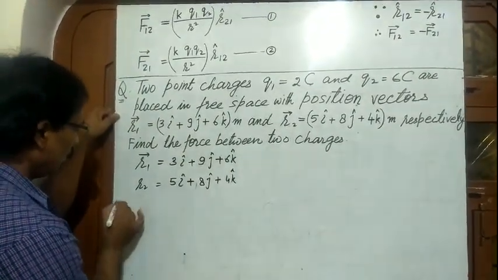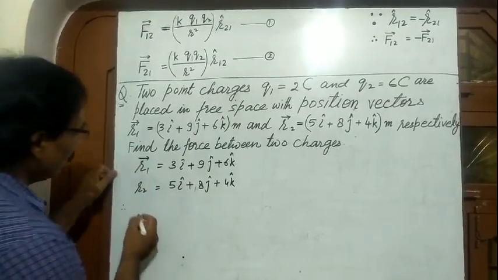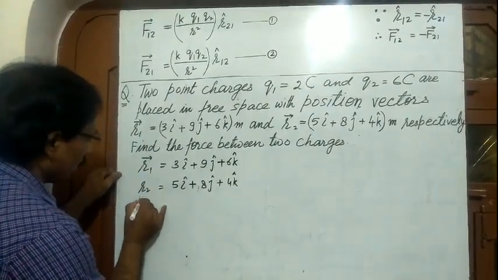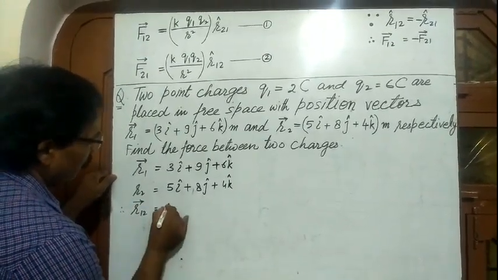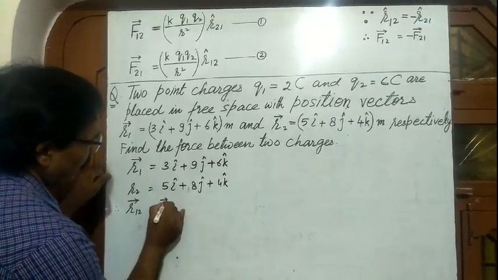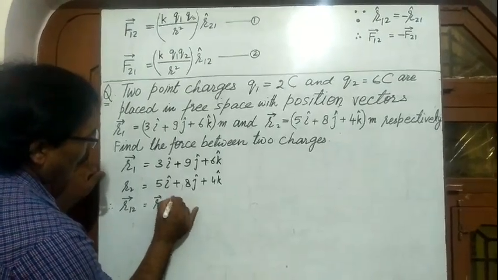Therefore, the displacement vector R12 will be equal to how much? It will be equal to vector R2 minus vector R1.